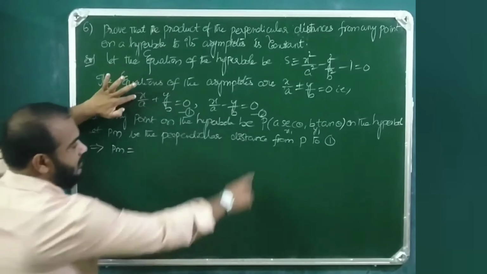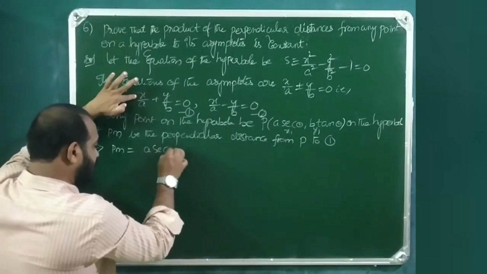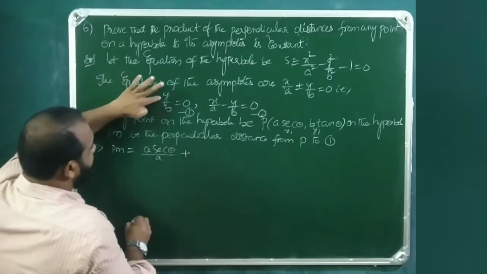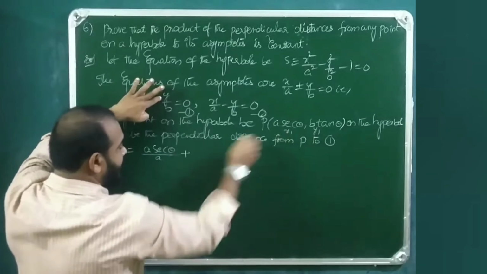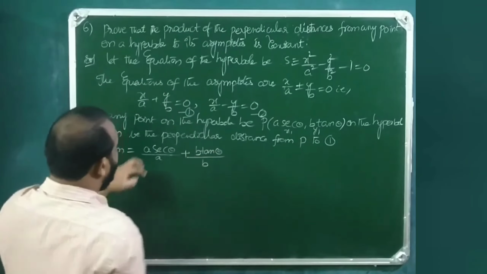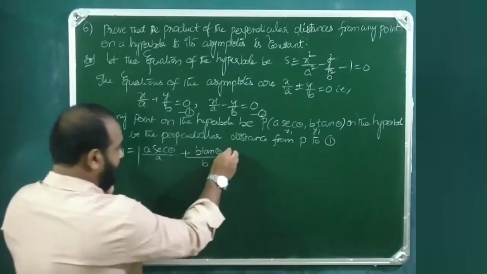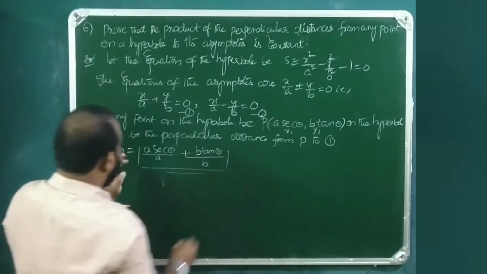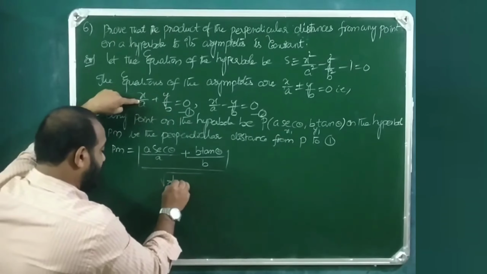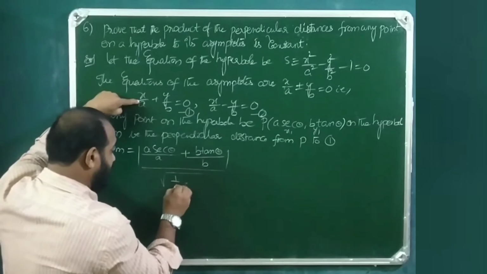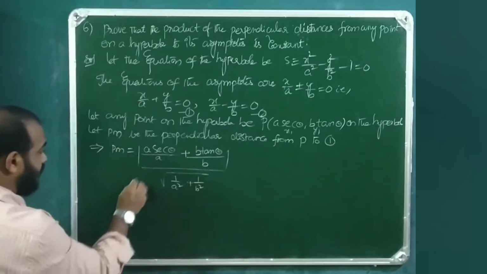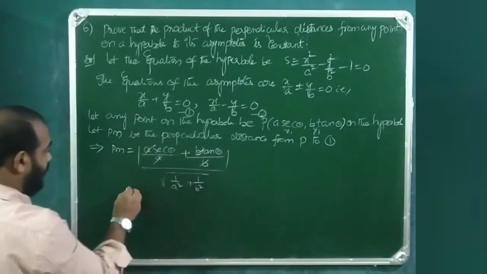So in the place of x, a secant theta by a, plus in the place of y, b tan theta by b, constant is missing, by modulus of square root of the sum of squares of the coefficients of x and y. So 1 by a square plus 1 by b square.